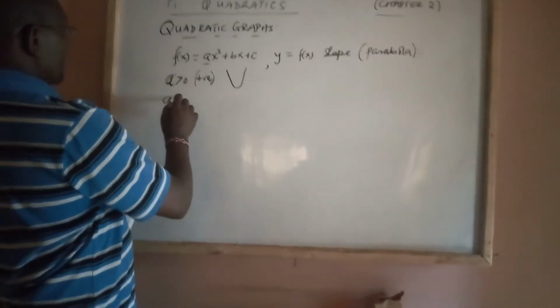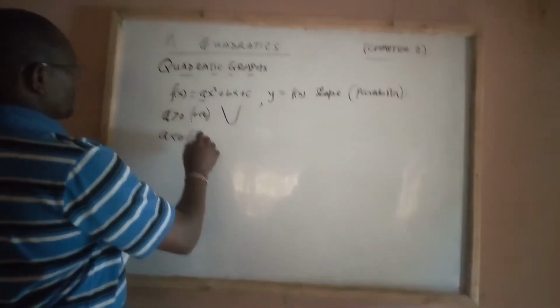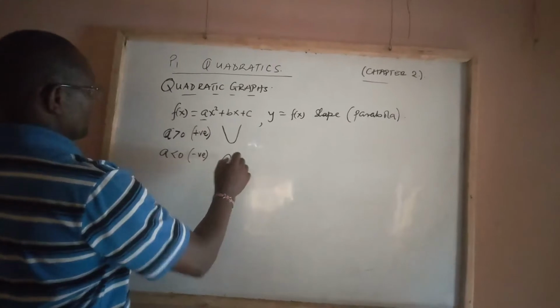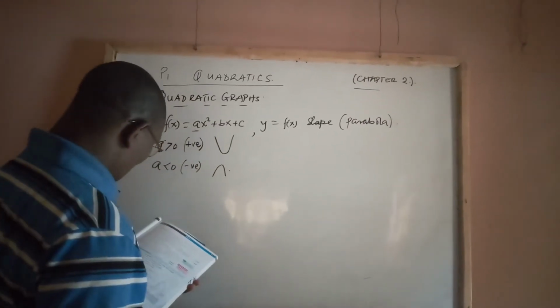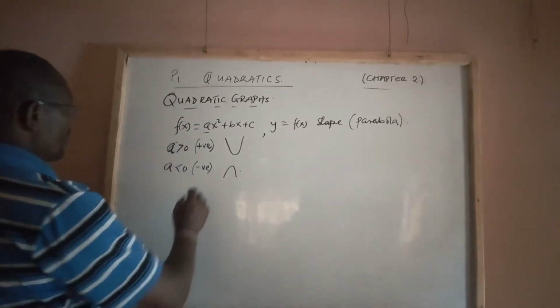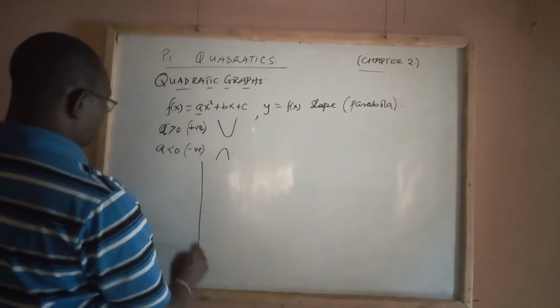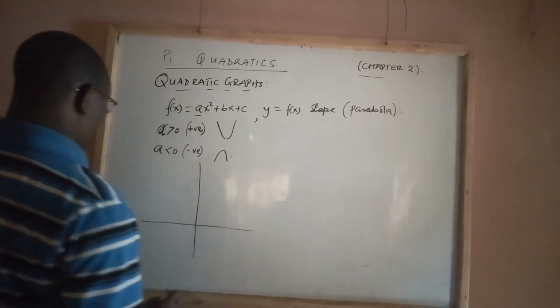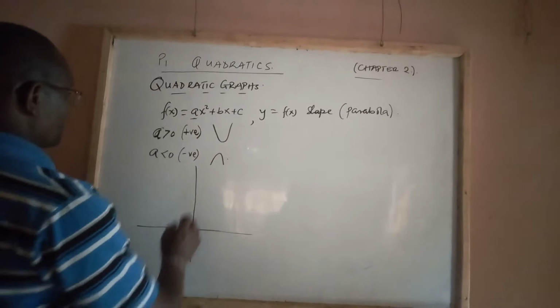And when a is less than 0, in short, when it is negative, then we have a shape of that nature.